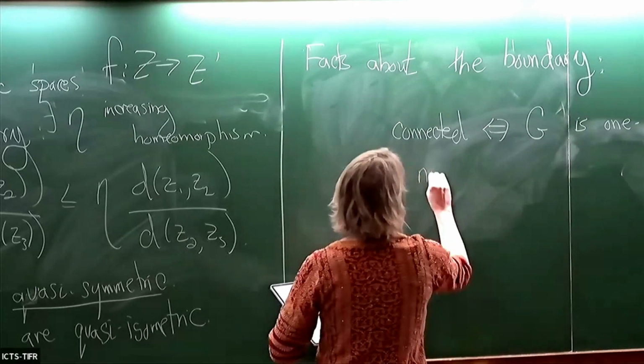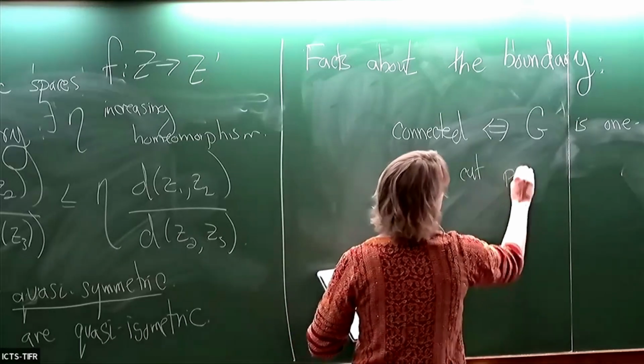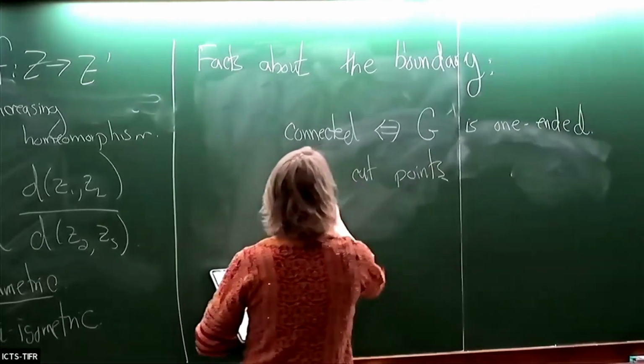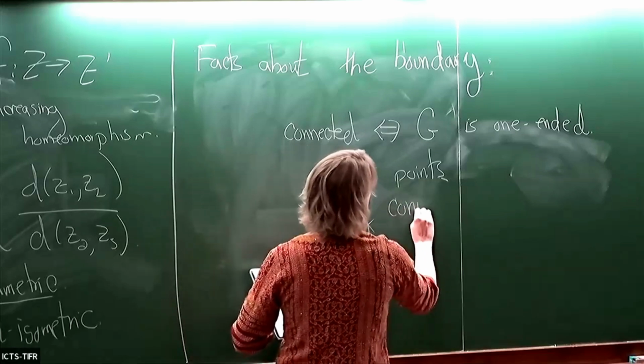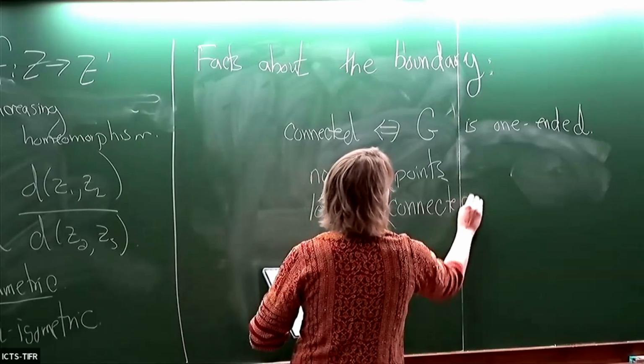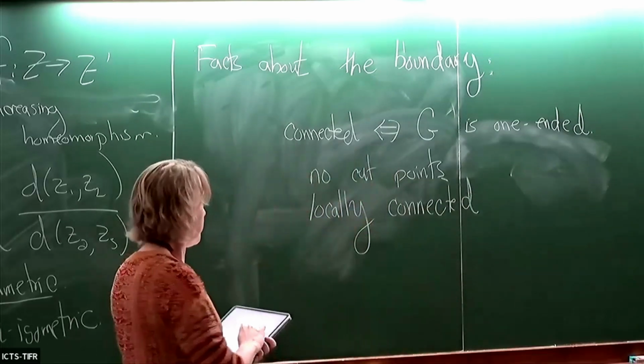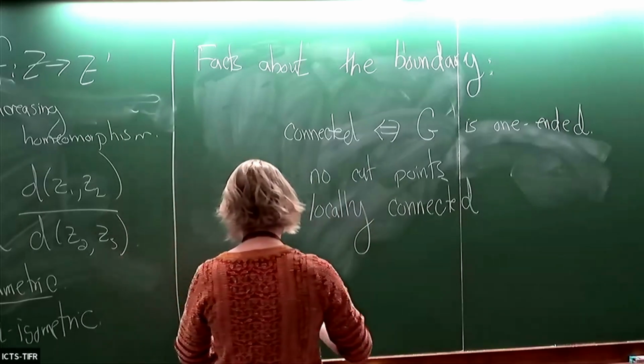It has no cut points. These are all completely non-trivial things to prove. It's locally connected. This is not true for other types of boundaries, which I'm not talking about, like the boundaries of relatively hyperbolic groups. They can have cut points, for example.